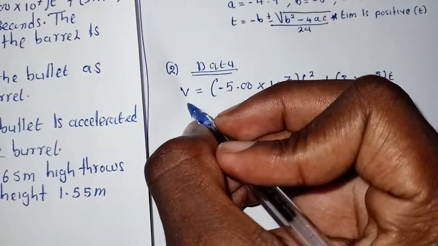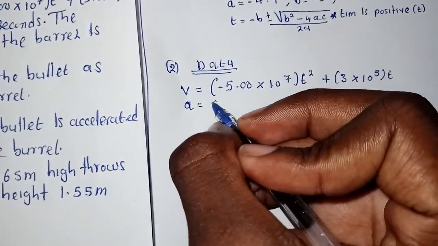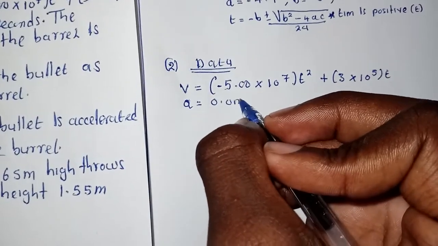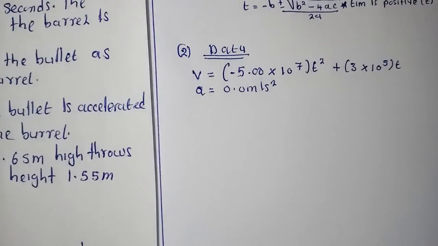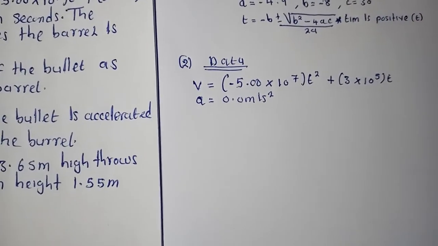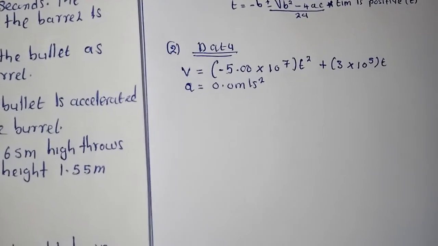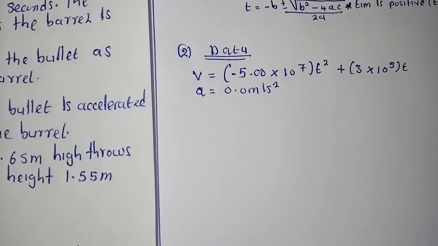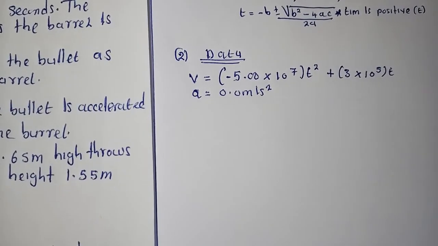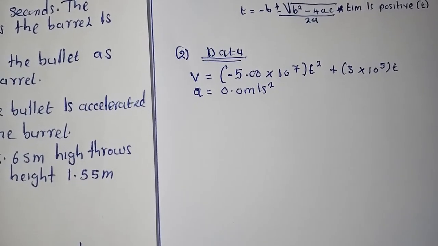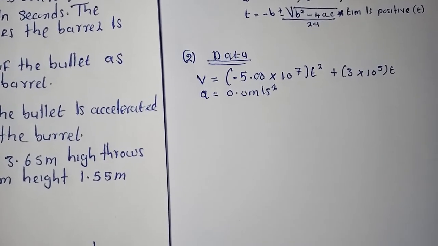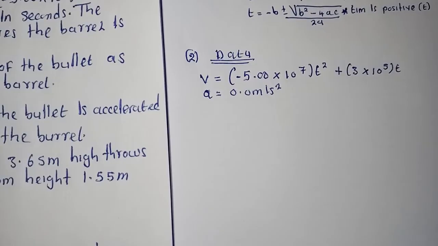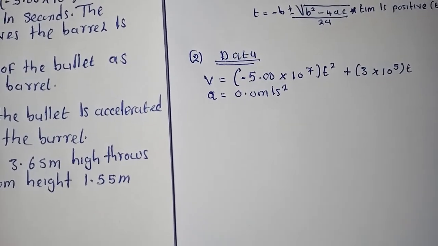Then they're saying the acceleration is equal to 0.0 meters per second, as the bullet leaves the barrel. Make sure that you expand this and you will be able to understand everything more. Now they're saying, determine the acceleration and position of the bullet as functions of time when the bullet is in the barrel.